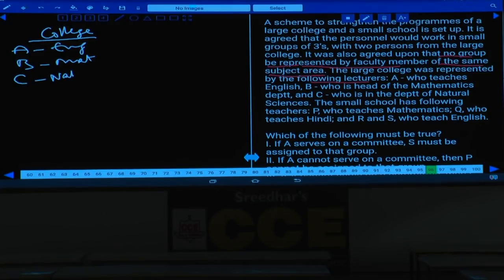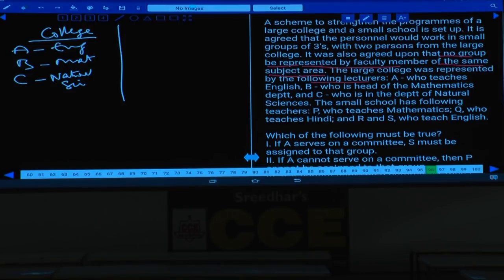Isn't it? Now these are the 3 persons from the college. Among these 3 persons, we should always have 2 persons, because from the large college we should have 2 persons and 1 person from the school. Only 3 persons are there from the college, and among these 3, we should always take 2 persons. Either A and B, B and C, or A and C must be in the group.